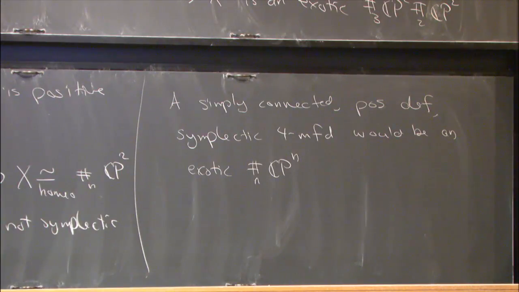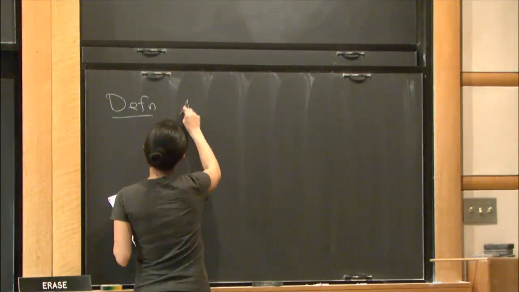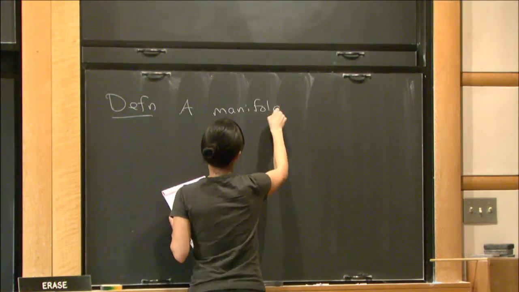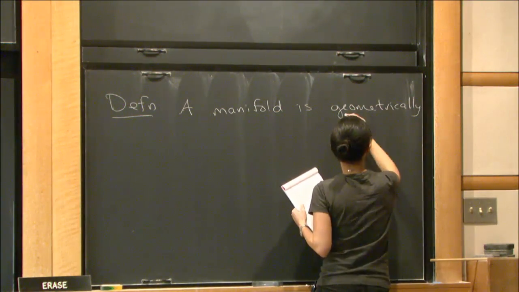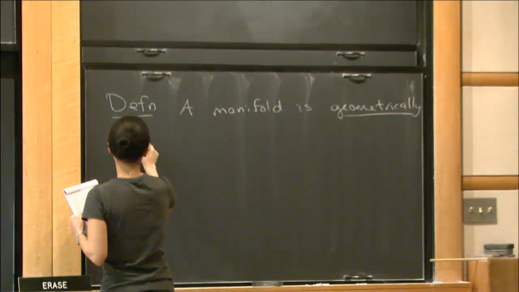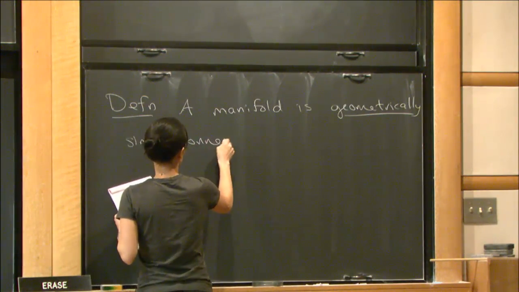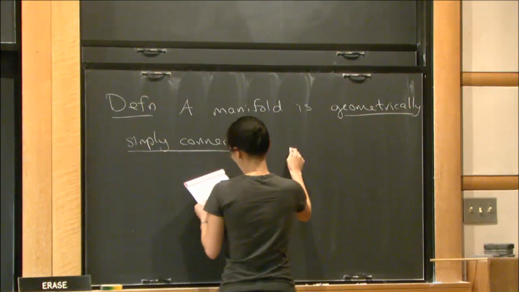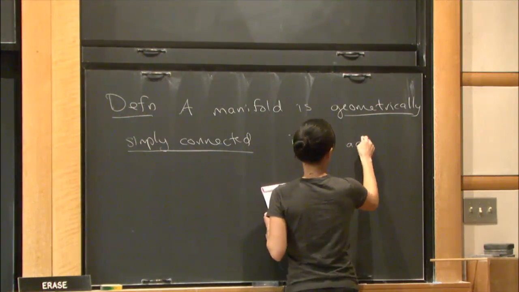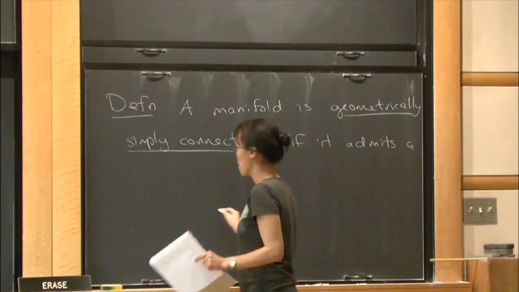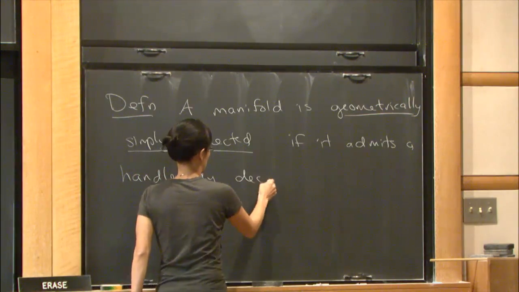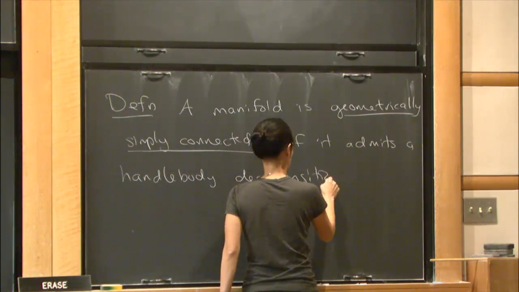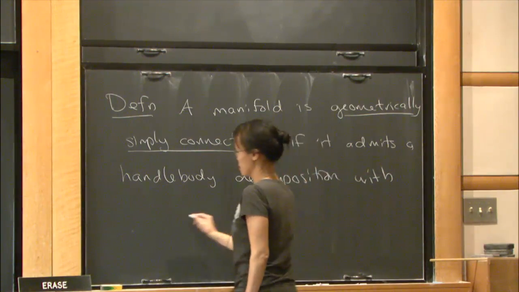We need the following definition. A manifold is geometrically simply connected if it admits a handle decomposition with no one-handles.